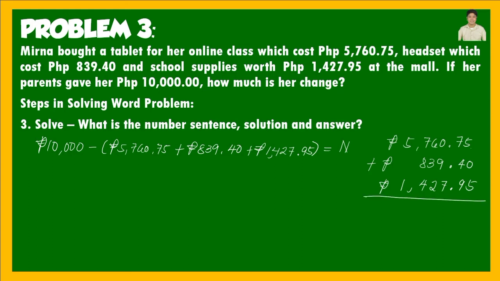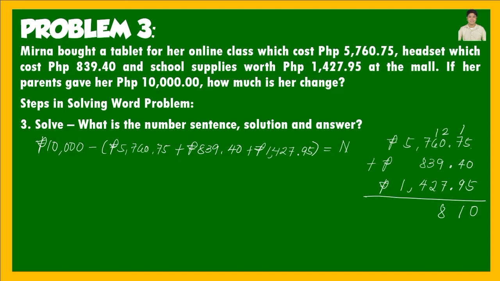So, 5 plus 0 plus 5, the answer is 10. So, we write 0 and then regroup 1. So, 1 plus 7, that is 8 plus 4, 12 plus 9, 21. So, we write 1 and then carry 2. 2 plus 0, we have 2, plus 9, 11, plus 7, 18. So, we write 8.